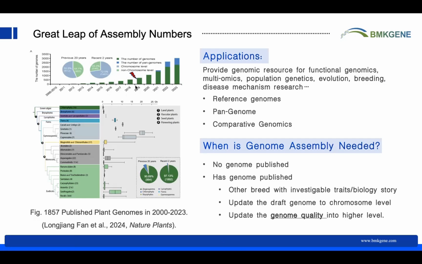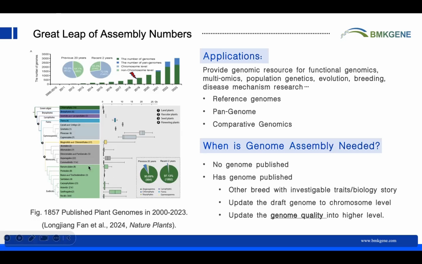Here, I would say it could be because of the new sequencing technologies, like long-read sequencing. I will talk about the details of this later. And along with the assembly numbers, you can see the chromosome level genome assembly is very high in the last 3 years compared to before. That means that the assembly quality has also increased.